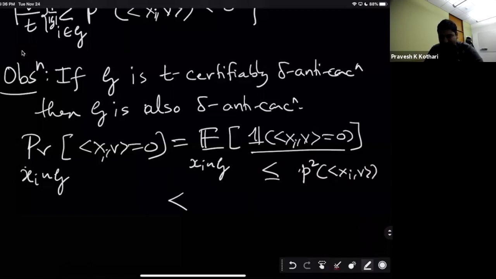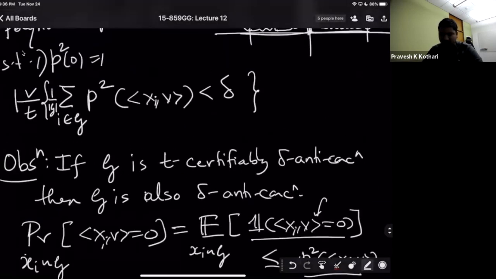For all possible values of xi dot v, the indicator of x dot v equals 0 is upper bounded by p square of xi dot v. Why is this true? Well, this is always non-negative, so it's always at least 0, right? And so the only thing I need to check is whether at 0, which is the only point at which this indicator is 1, it's an upper bound or not. And it's a true upper bound because I know that p square of 0 is 1.